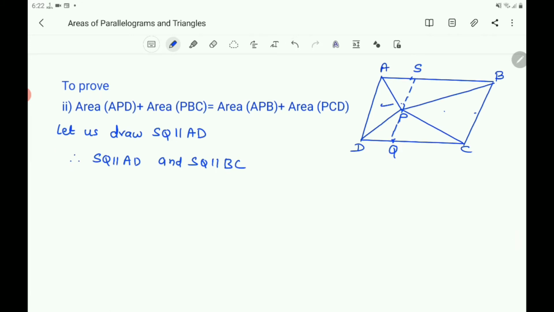Now let us take this triangle. Triangle APD and parallelogram ASQD are on the same base AD and between the same parallels, SQ parallel to AD.